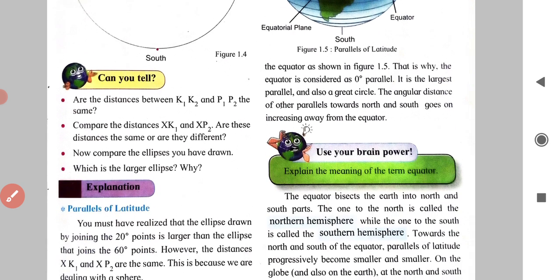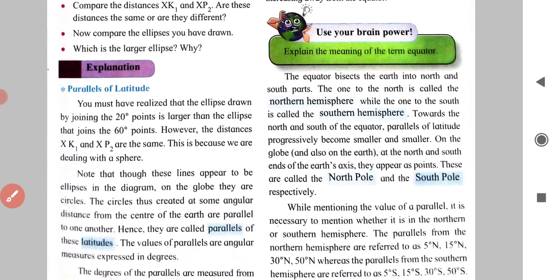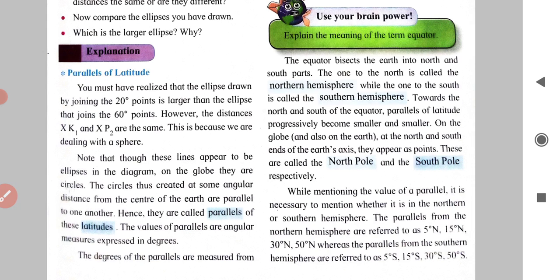Use your brain power, explain the meaning of the term equator. Now here we have to think and say that the equator bisects the earth into north and south parts. The one to the north is called the northern hemisphere, while the one to the south is called the southern hemisphere.